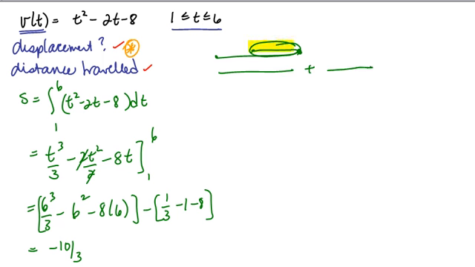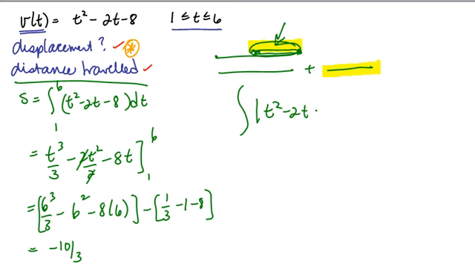Maybe a different color would help. So this piece right here is this piece right there. So how do I make something that is negative, because it's going in the opposite direction, how do I make it a positive? I take the absolute value. So really, when I'm finding distance traveled, I want to find the integral of the absolute value of that function between 1 and 6.